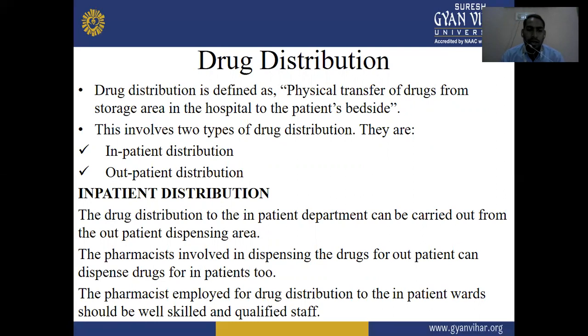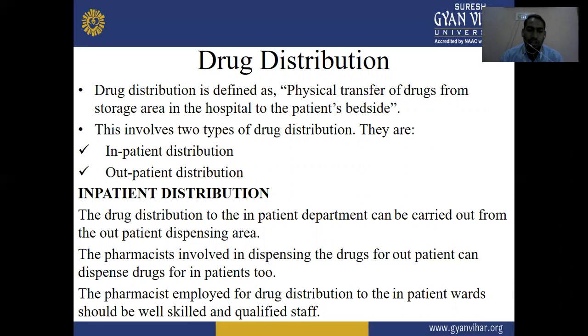First is inpatient distribution. Inpatient distribution means distribution to patients admitted in the hospital, and other than admitted patients, it is outpatient distribution. The drug distribution to the inpatient department can be carried out from the outpatient dispensing area.